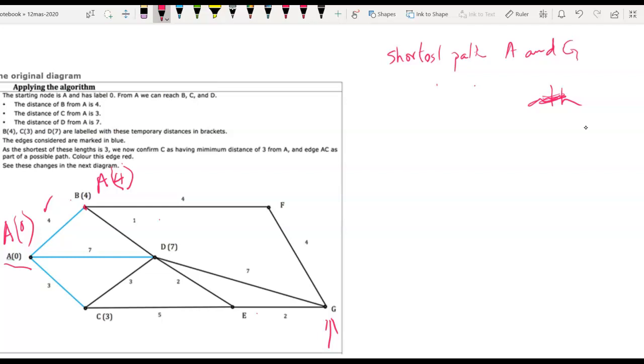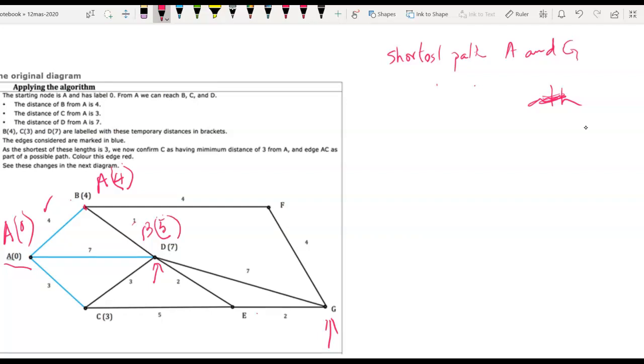Now let's look at D. That's the node. To D, we can come from B, and the distance will be 4 plus 1, which is 5.